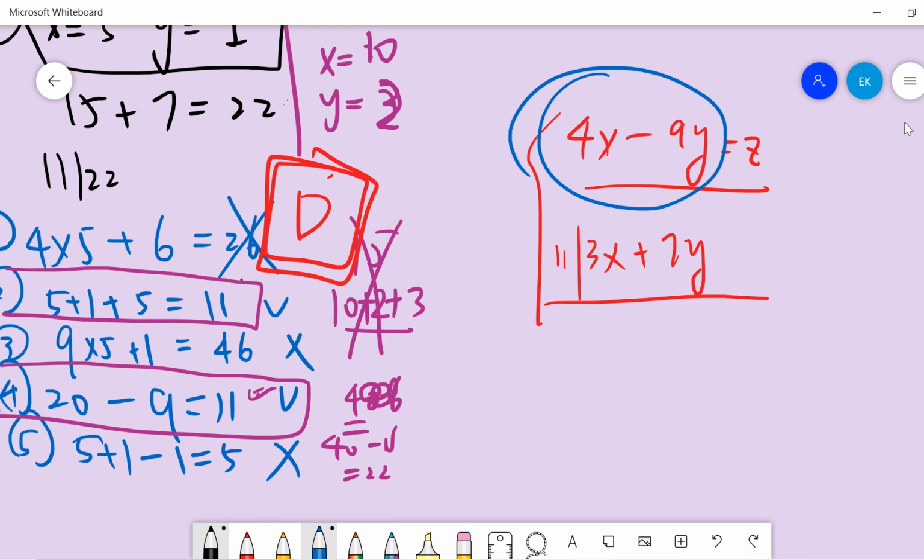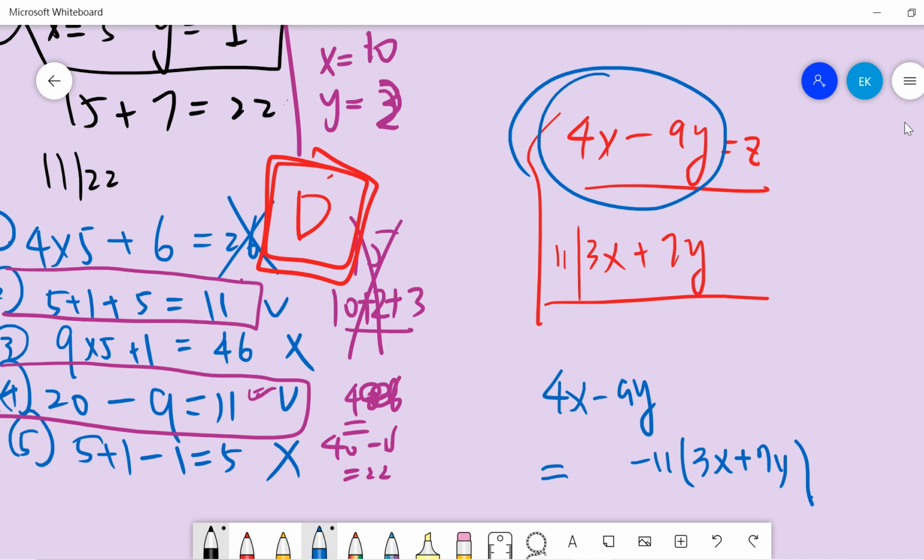The reason is that you can write 4x minus 9y as something times 11 plus something related to 3x plus 7y.